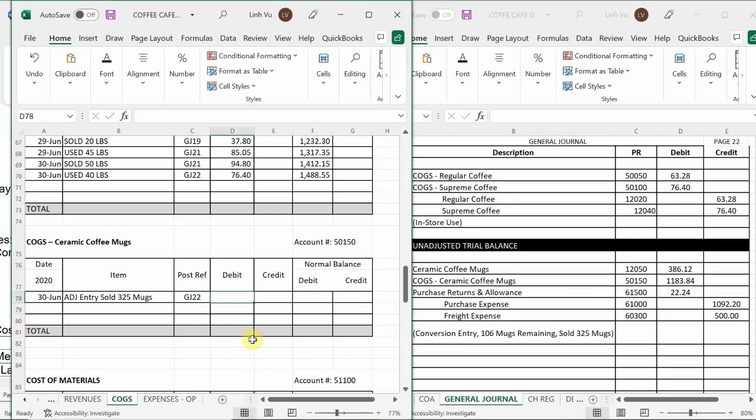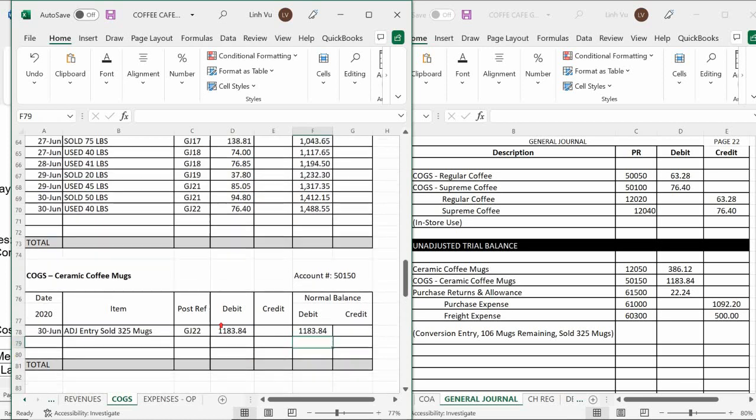Okay. And it was for the total amount of 1183.84. Oops, I skipped the inventory. So in this case, cost of goods sold, ceramic coffee mugs. You sold a total of 325 mugs at 1183.84.